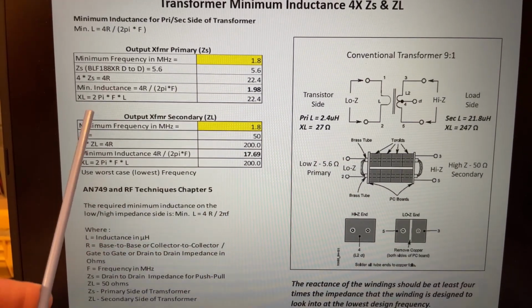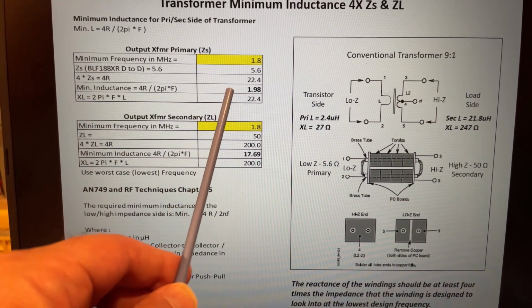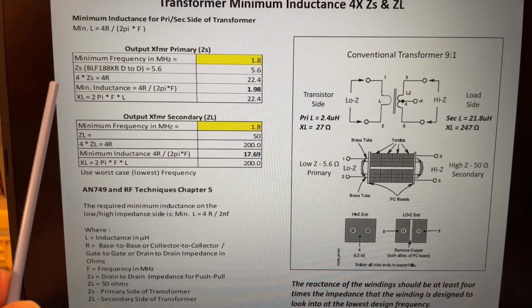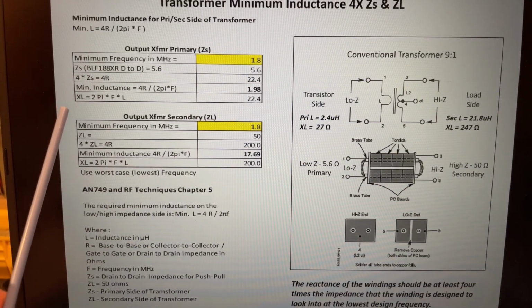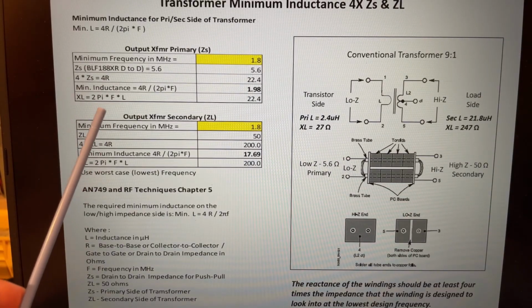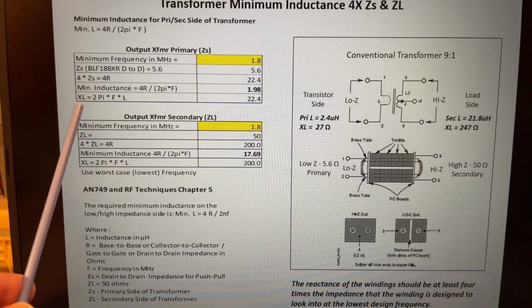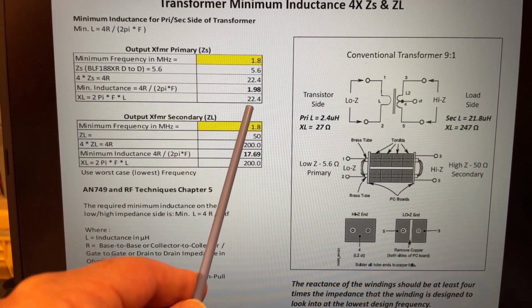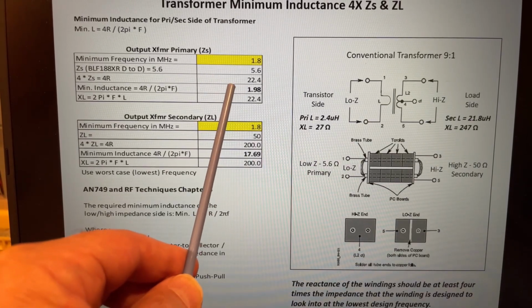And if you work the math back the other way, using the formula for inductive reactance, 2 times pi times frequency times inductance, we calculate the inductive reactance, XL, as 22.4. So it's just a check to say, okay, that's the minimum inductance.